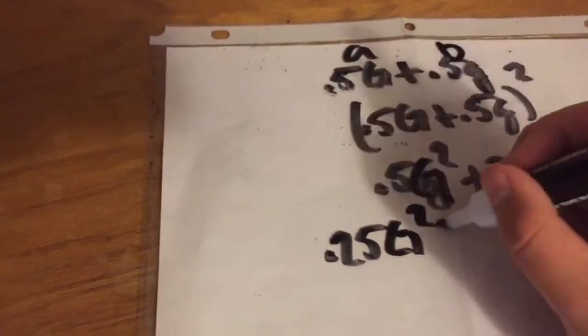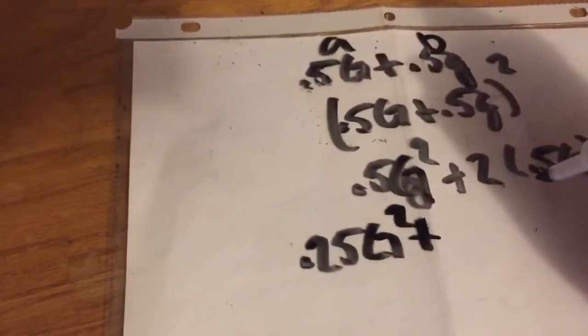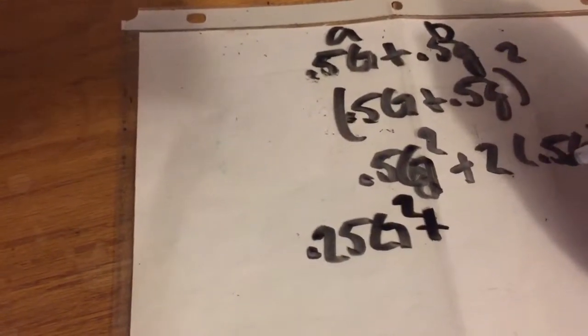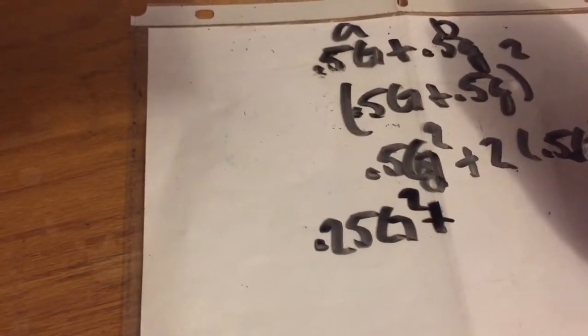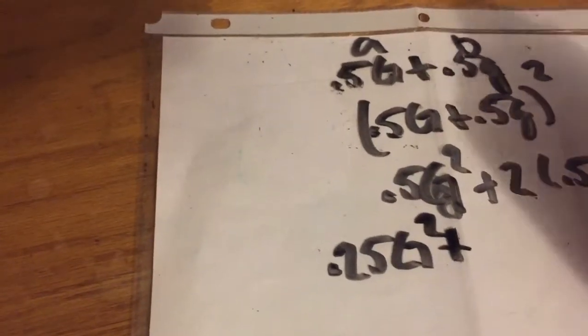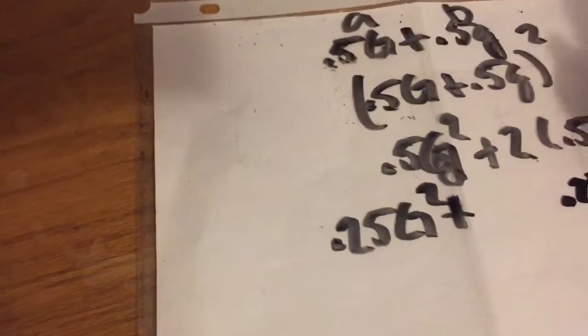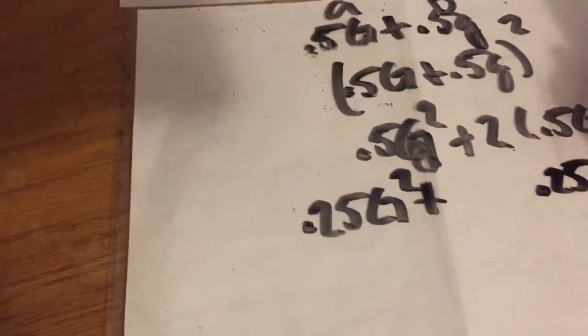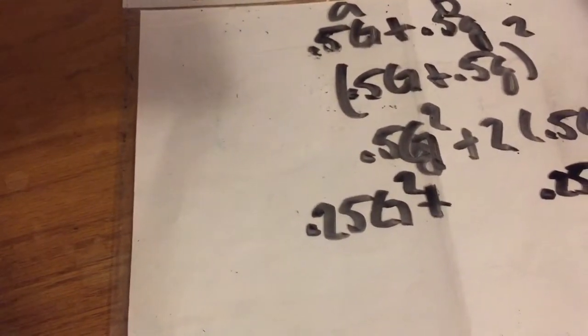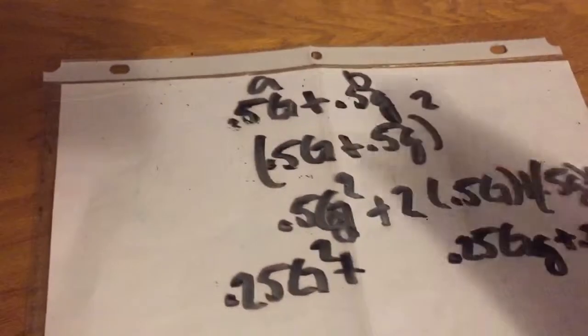G squared plus 2 times 0.5 is going to give you 0.25 capital G lowercase g, plus 0.25 g squared, because you have to square the last term.